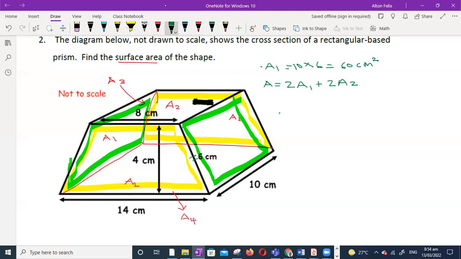Area of a trapezium is half the sum of the parallel sides, which is 14 and 8, multiplied by the height. On the diagram, the height is 4.